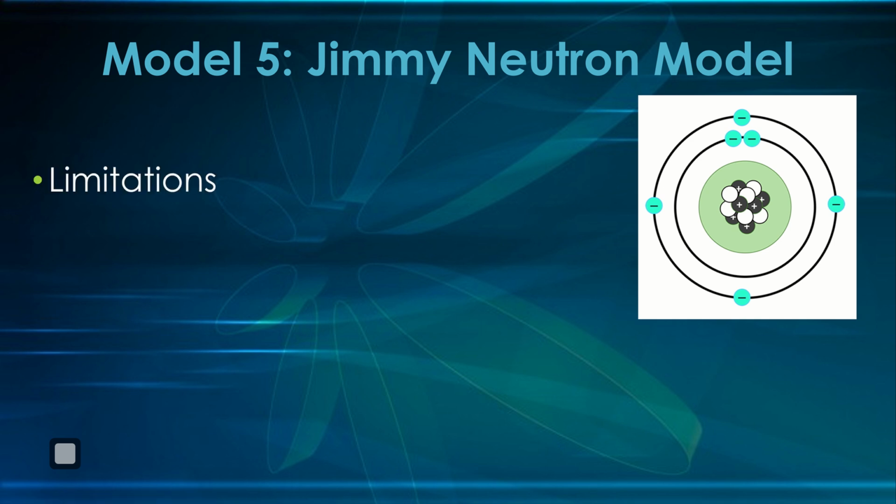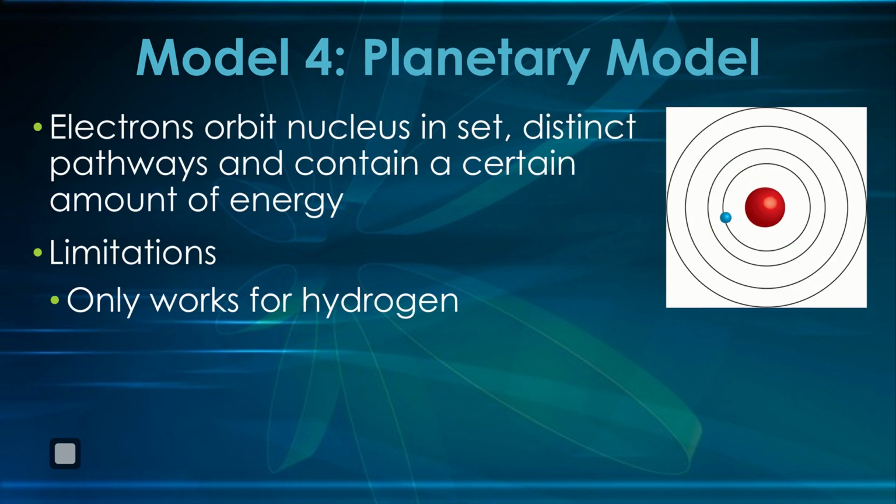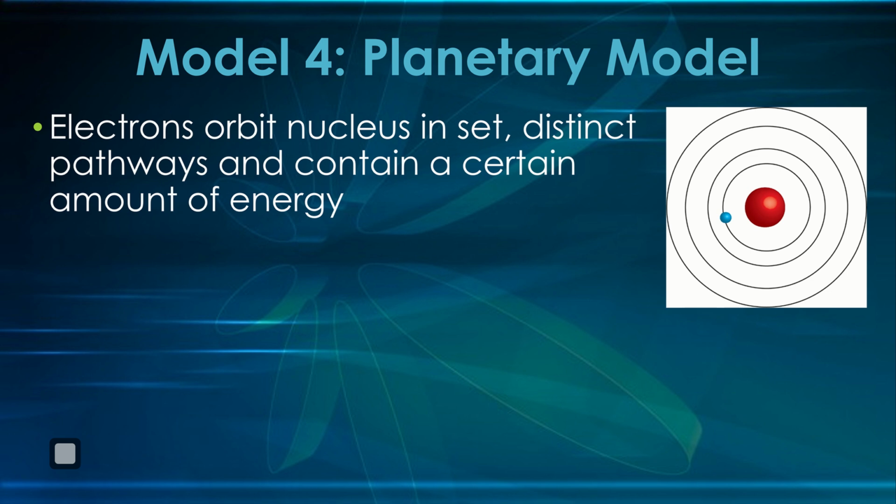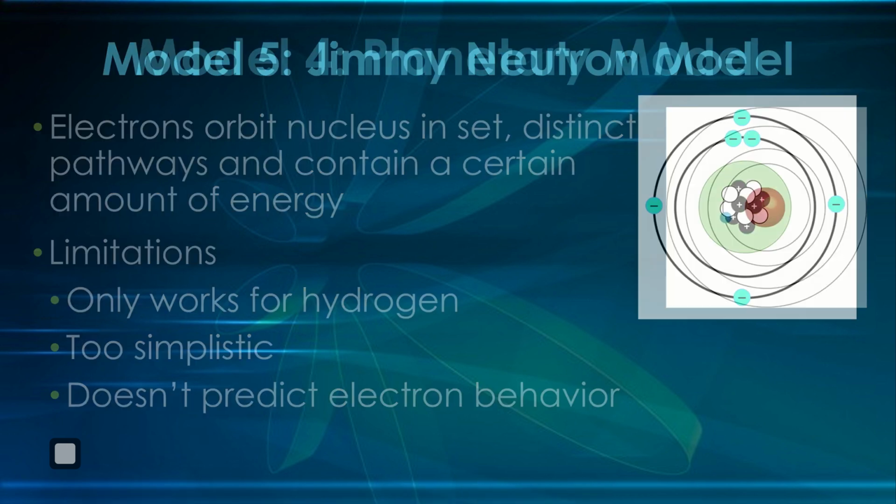What this is basically introducing is in the 1930s, we realized if there's a positive center, this goes back to what we said with the nuclear model, we don't have stability. If we have all this positive charge in the middle, how could it possibly be sticking together? How could it be staying together?